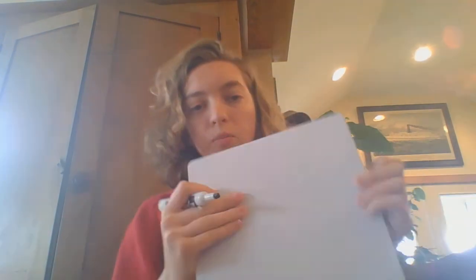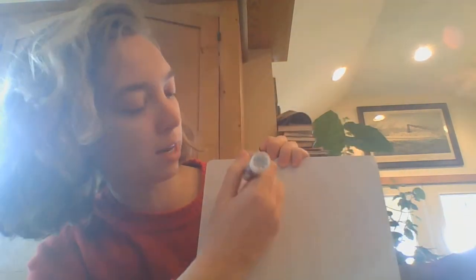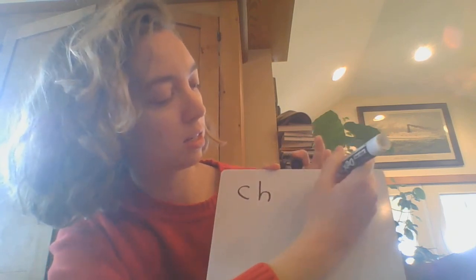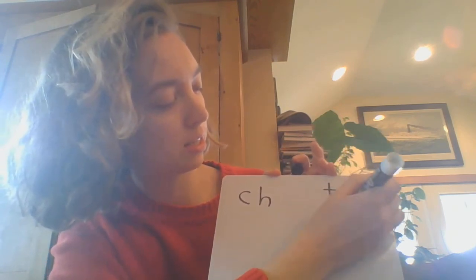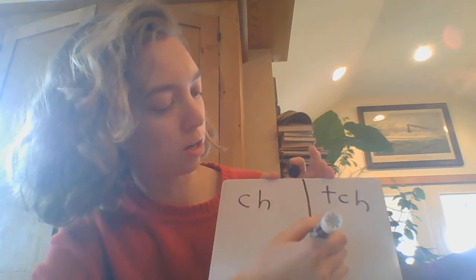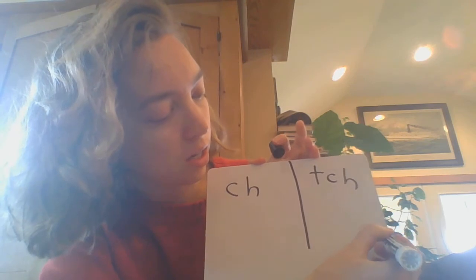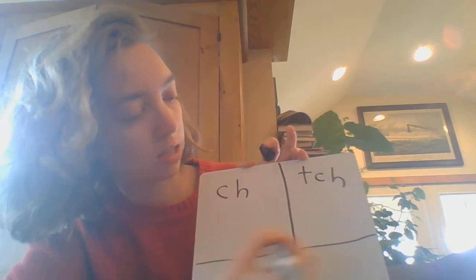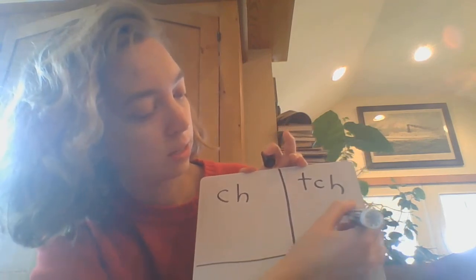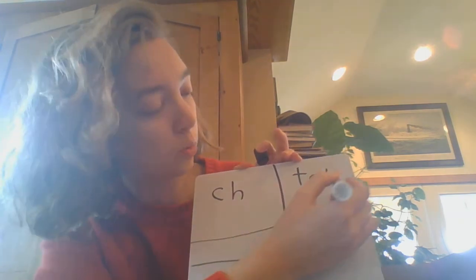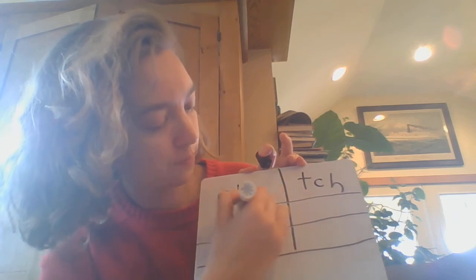At the top of the page, I want you to write CH and then TCH. And I want you to draw a line, not all the way down. I want you to have enough space so that you can write 2 words for CH and 2 words for TCH, okay?